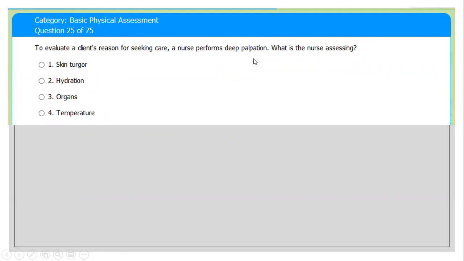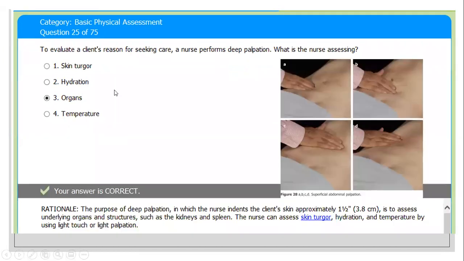Palpation is one of the techniques of physical examination. We have deep palpation and superficial palpation. Usually deep palpation we do not do for skin turgor, hydration, or temperature. So definitely deep palpation is for palpating the organs.